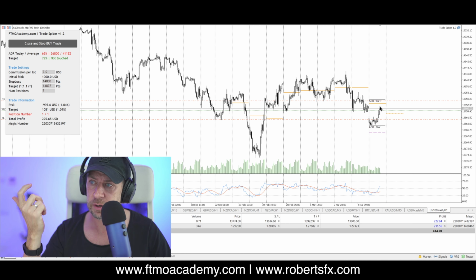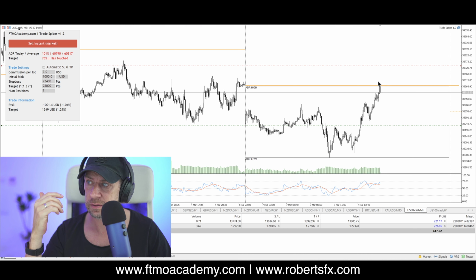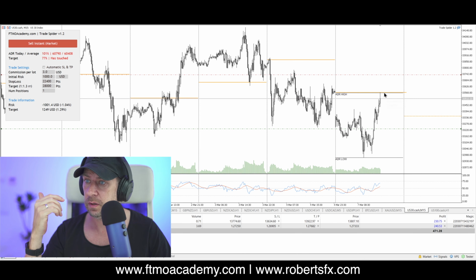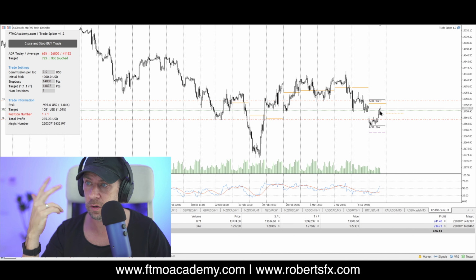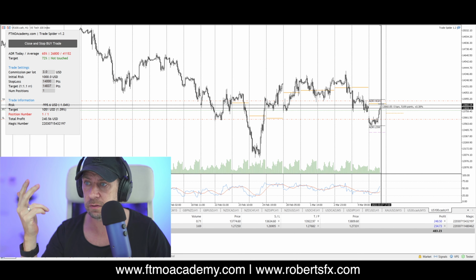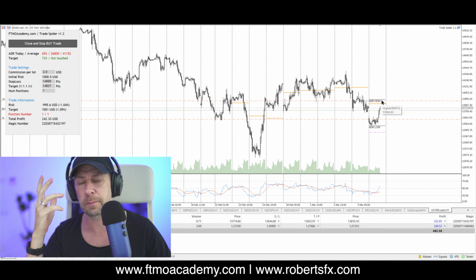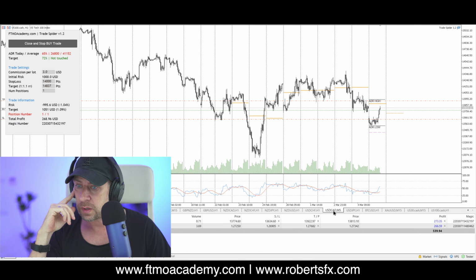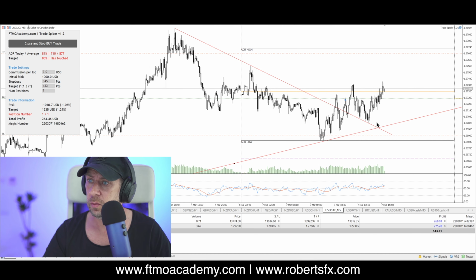So I entered a long again, and as US30 is ahead, it has already reached the ADR high. You can see here. So I am guessing that US100 is lagging behind, so it's gonna go up there. And also the USD/CAD, we have seen it move very slow here.